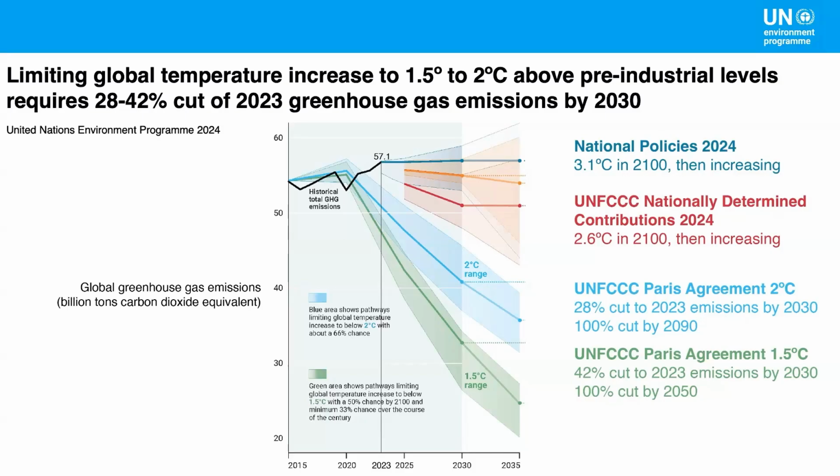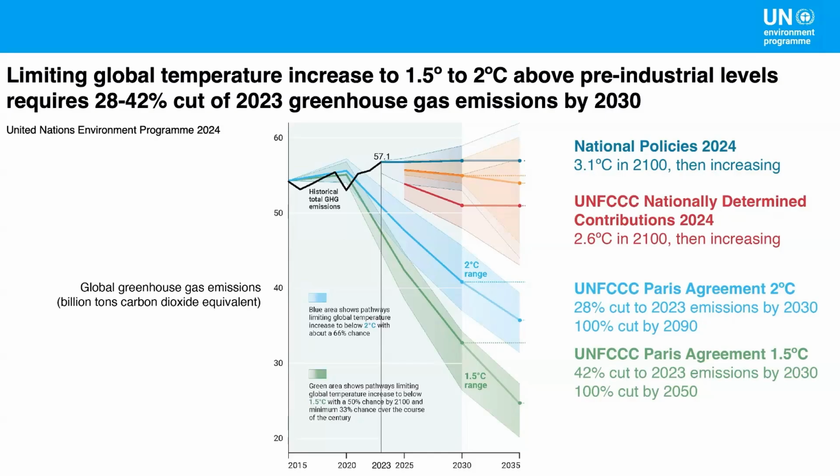Before the Paris Agreement, the national policies would have led to 3.7 to 4.8 degrees Celsius. So we've already come down. We were actually way up here. We're already coming down. And then under the Paris Agreement, all of the country pledges would get us to 2.6.